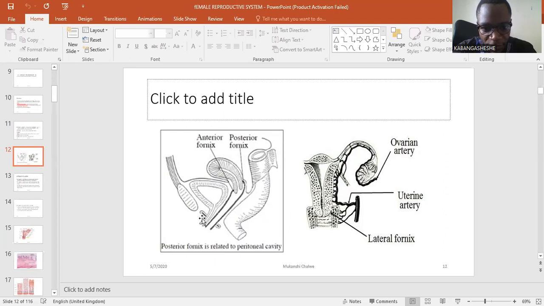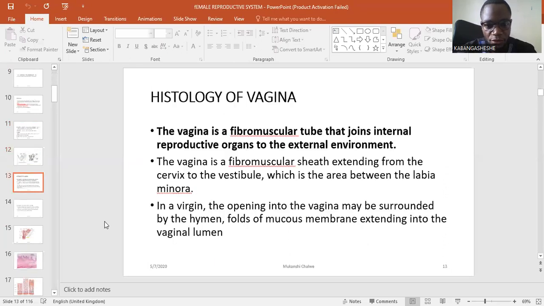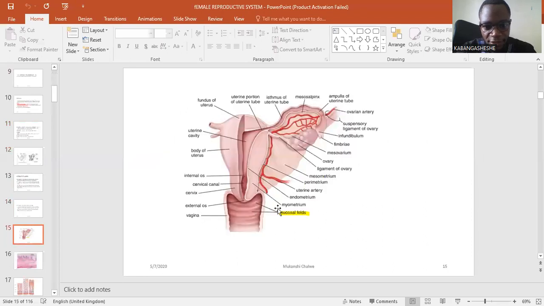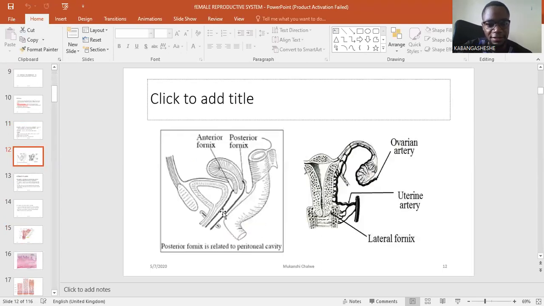Posteriorly, we have this posterior wall. Then we have the 2 lateral walls, left and right. As we look at that, we see that the anterior wall is short compared to the posterior wall. This is the posterior wall. It tends to be longer than the anterior wall.